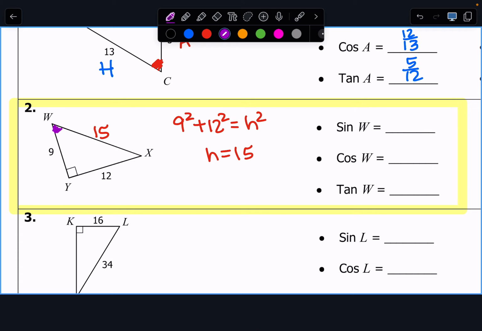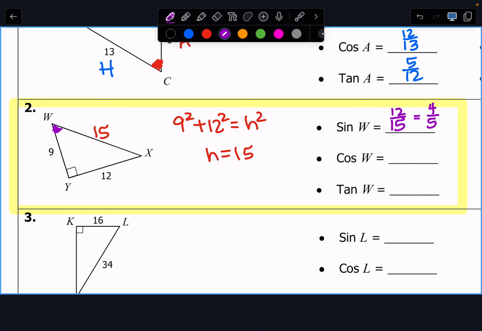If I want my sine ratio for W, what would it be? 12 over 15, but I would not be okay with you leaving it like that. I would expect you to simplify it to 4 over 5. Our cosine ratio for W would be 3 over 5.